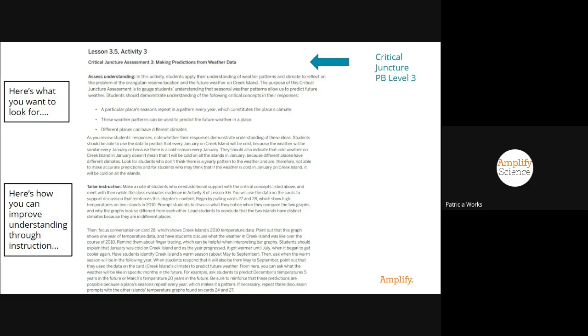Specific suggestions and prompts are listed to help develop these ideas with students, leading them to find examples of islands with differing climates. Additional suggestions are made for revisiting evidence cards to bring up these ideas in discussions. Critical juncture 3 clearly addresses finding out if students understand that the annual pattern of repeating seasons allows climates to be compared and future weather to be predicted.